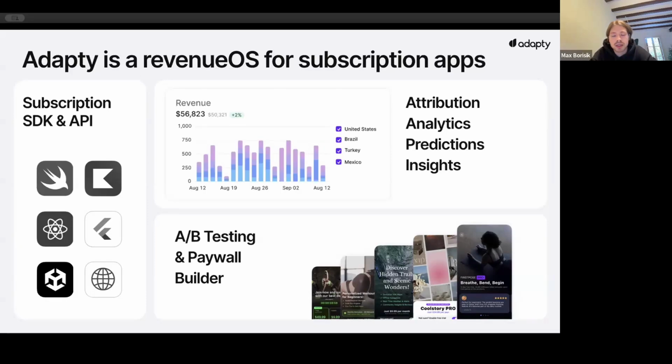It's the A/B testing, it's the paywall builder, and all of the stuff connected with the data and the things that can make you grow. So our ultimate goal is to make every mobile app grow faster than they can grow without us.